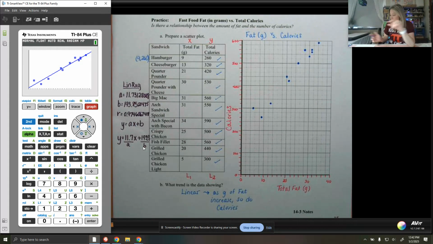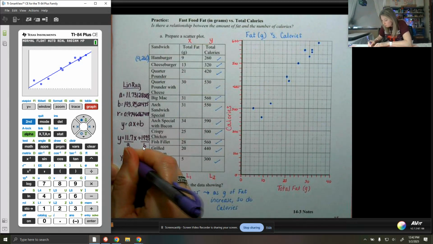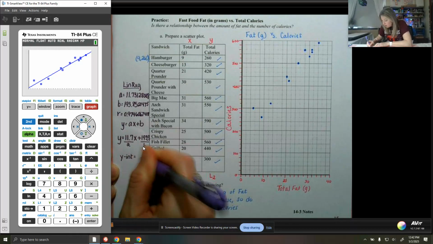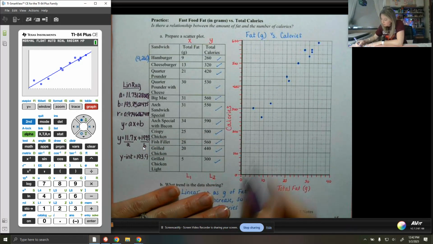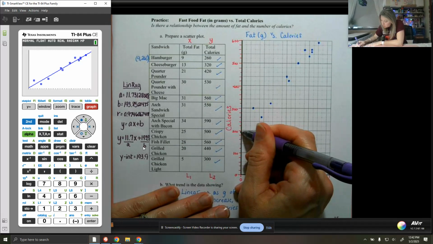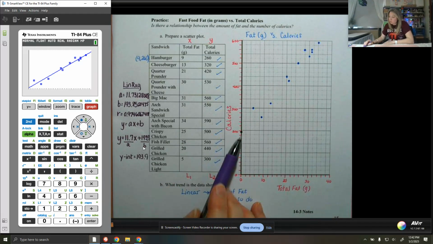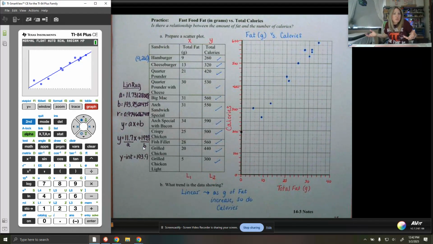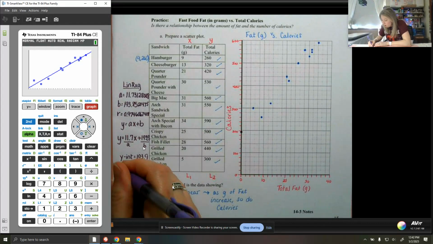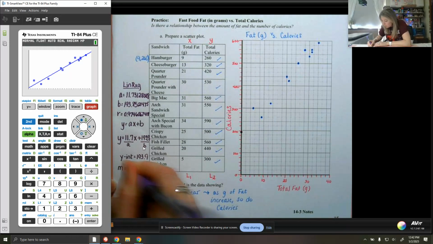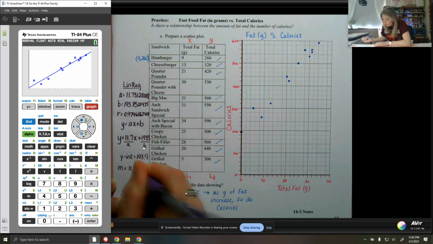Our y-intercept, our b value here is 193.9. So approximately right there is my y-intercept. It's saying if I have 0 fat, I could still have almost 200 calories. Interesting. Our slope, our m, is about 11.7.